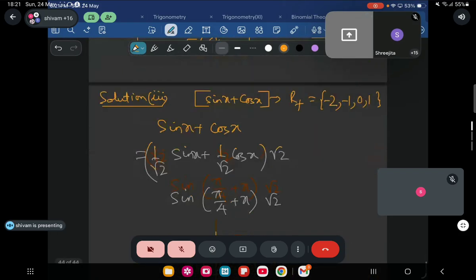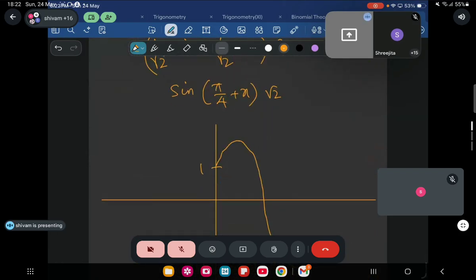At x equal to 2 pi, 2 pi plus pi by 4 gives sin pi by 4 only. Again, it will reach 1. So it will complete 1 crest and 1 trough. Tell me, anyone have any doubt till now? This is how the graph is going to look.